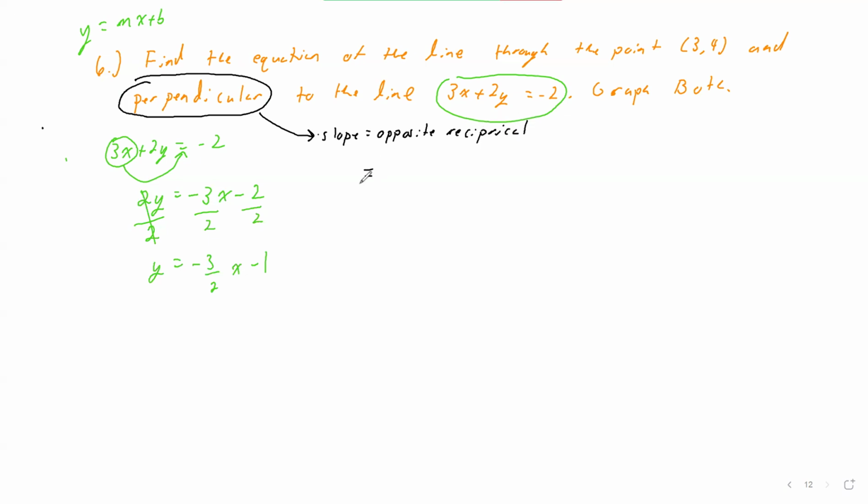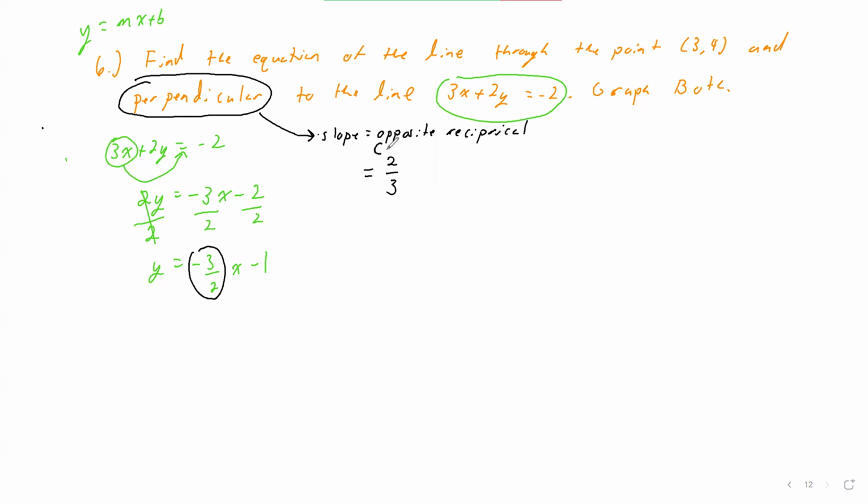So what that means is whatever the slope of the line you're trying to be perpendicular to, you're going to change the sign, flip the fraction. So instead of -3/2, it will become what? 2/3. So if it's perpendicular, you flip it and change the sign.